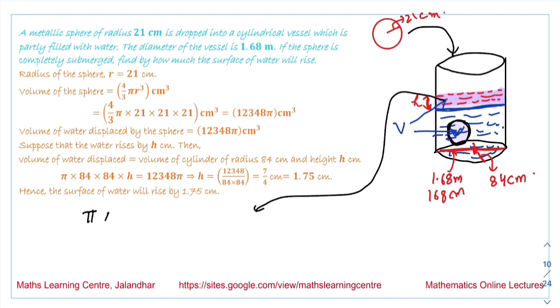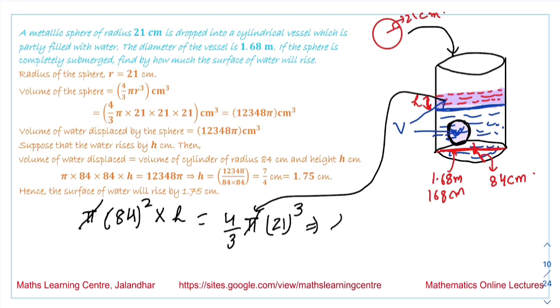So volume of this shaded portion is pi, radius over here is 84 square, into height of this portion h, and volume of the sphere we know is 4 by 3 pi, and radius of the sphere is 21 cube. So this pi gets cancelled. We want to calculate the value of h.